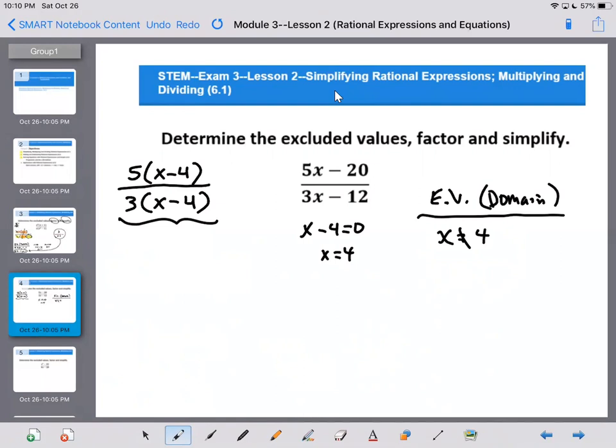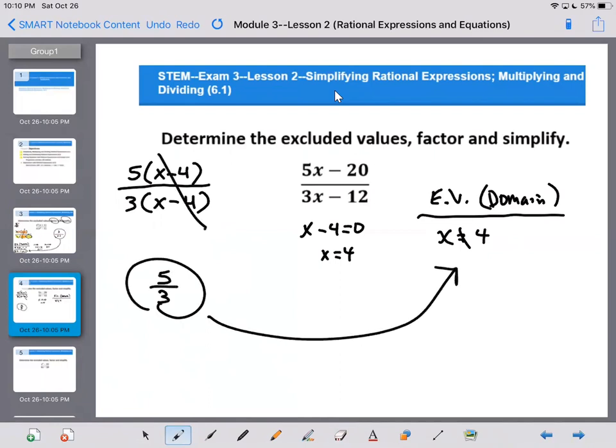We can have every other real number possible, but 4 will cause the denominator to go to 0. Now that you have it factored and the excluded values of the domain stated, these will divide out, and you're left with 5 divided by 3, coupled with the excluded value.